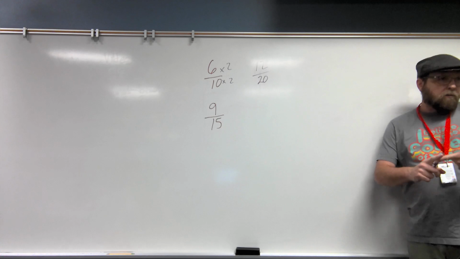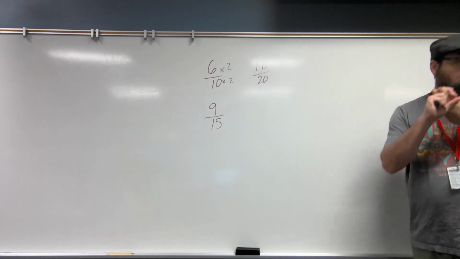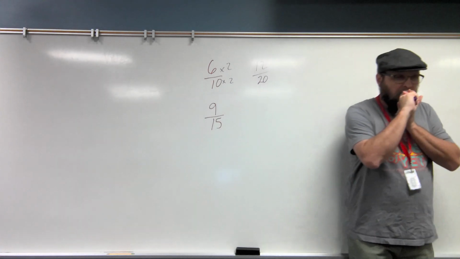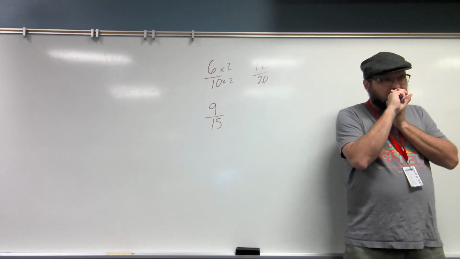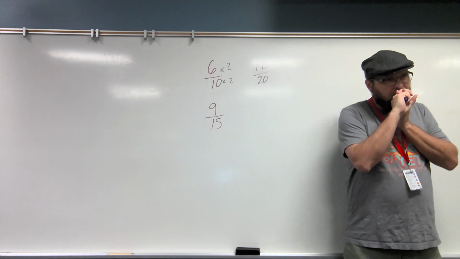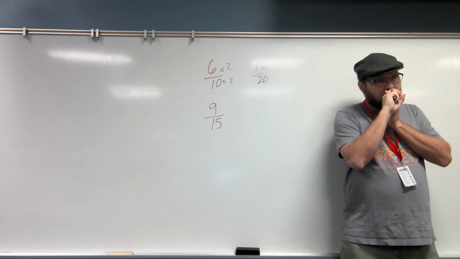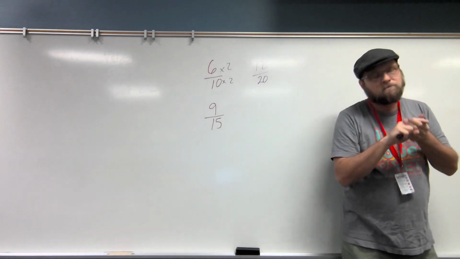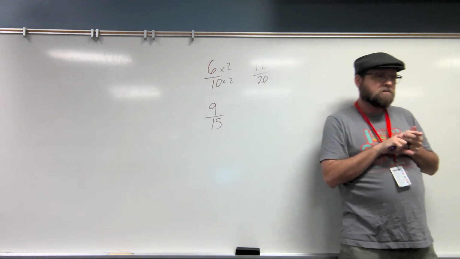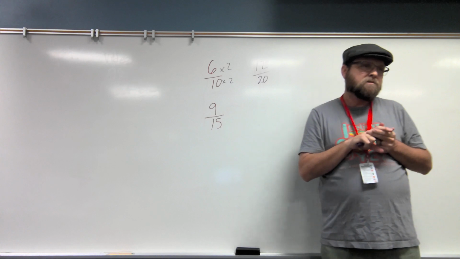Okay, 1 over 1, 5 over 5. Explain that. For example, 5 is your denominator, and you have 5 1/5s. 1/5 plus 1/5 plus 1/5 plus 1/5 plus 1/5 equals 5/5.